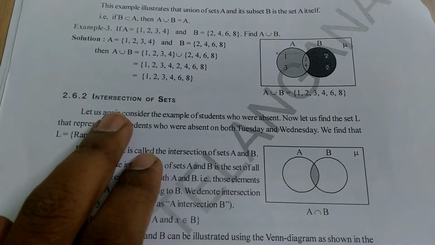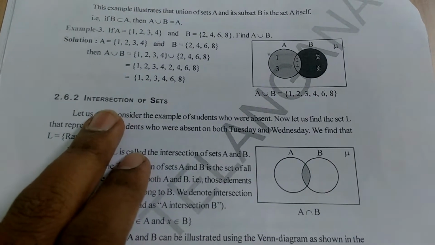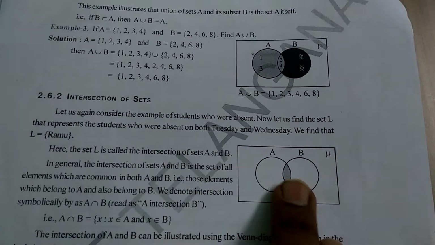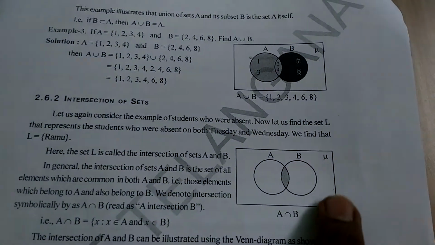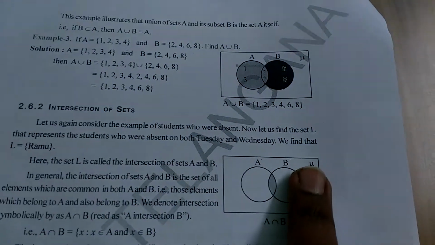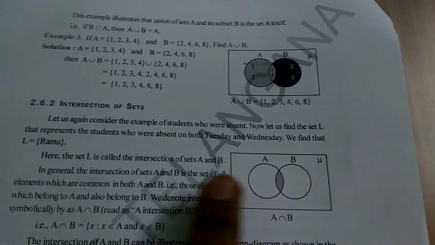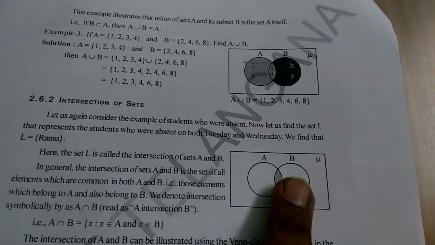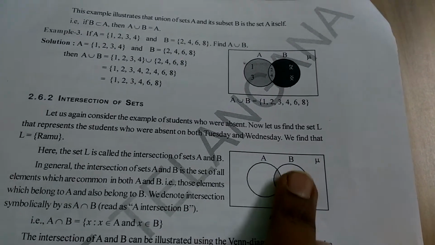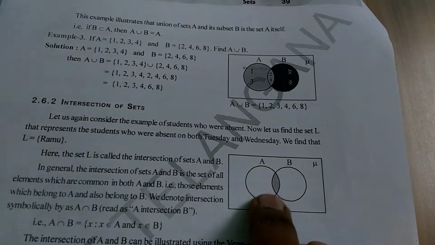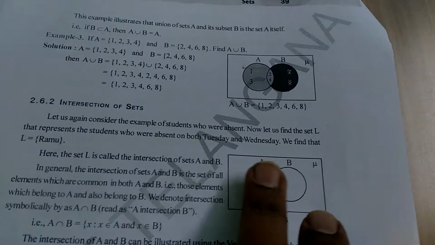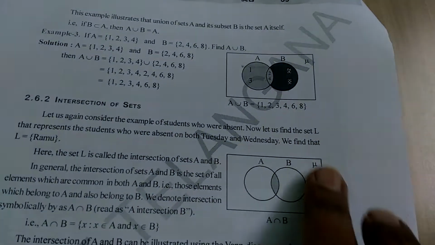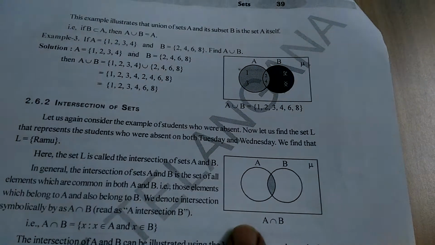When we talk about the Venn diagram for the intersection of sets, this is the representation, guys. The rectangle is the universal set, denoted by mu, and here we are talking about two sets, A and B. Circle A and circle B are both part of the universal set.